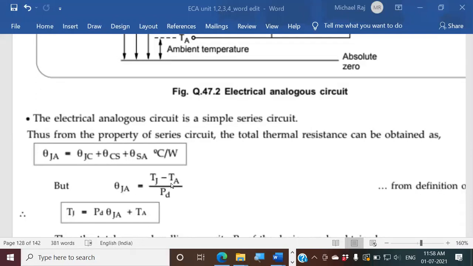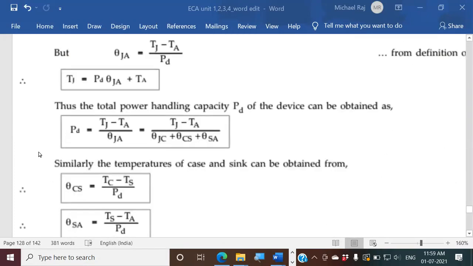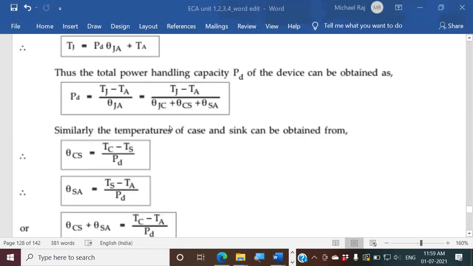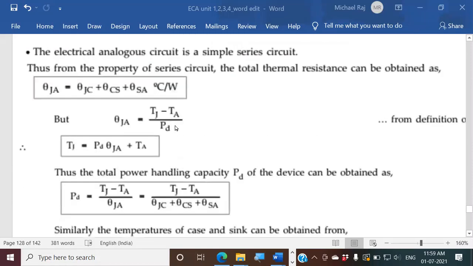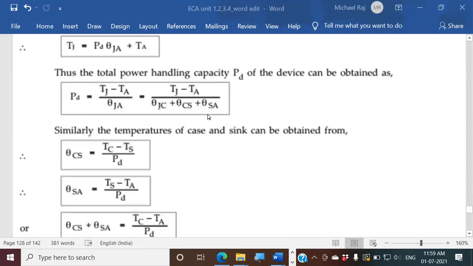Theta Ja is Tj minus Ta. Whatever the J we have here, the first one is here, the second one A is here. So theta Jc will be simply Tj minus Tc by Pd.